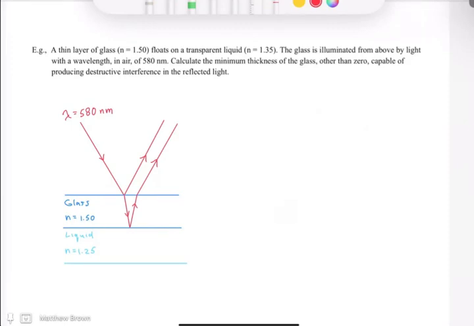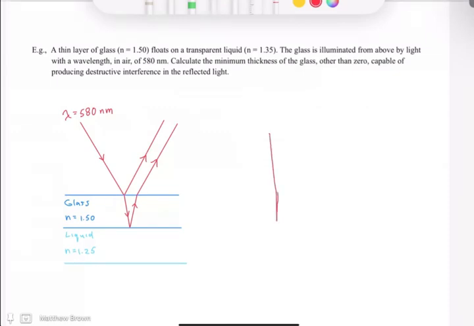So we want destructive interference. And it's neat too, if you go back and look at refraction, right? You can see that, okay, this right here is refracted, and then it reflects off the liquid above, but then it gets refracted again when it comes out. And note that these have the same angle. Also note, this actually happens at very, very small angles, like we're really looking at something going almost straight down.